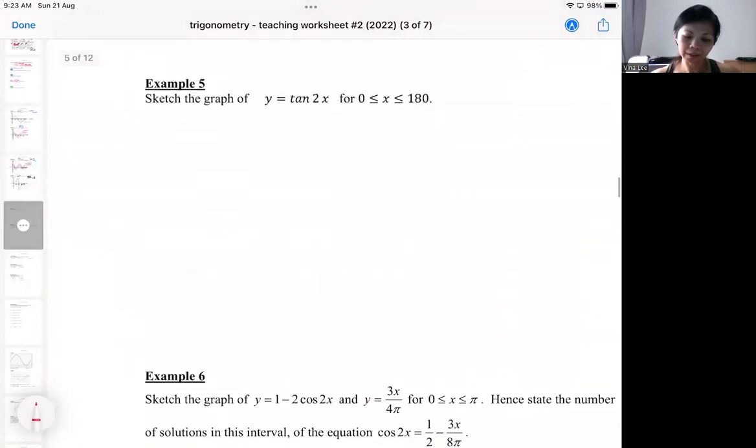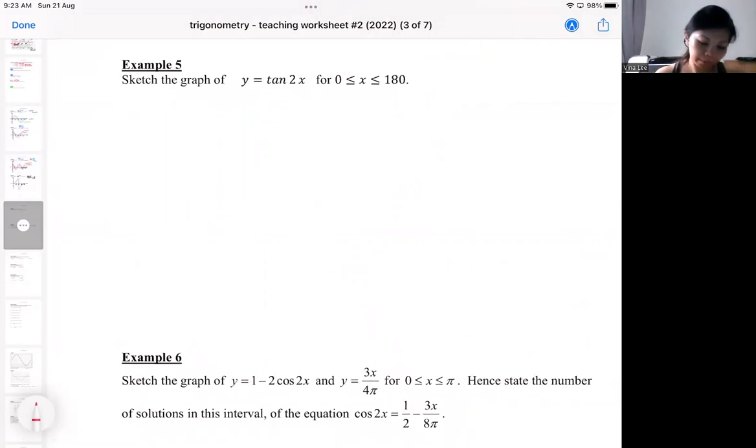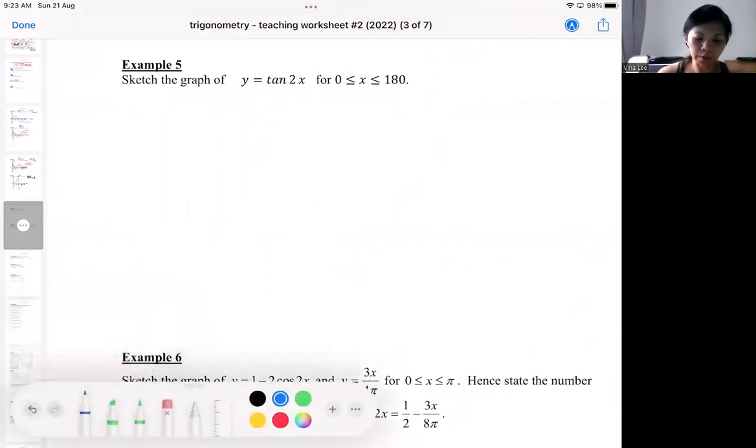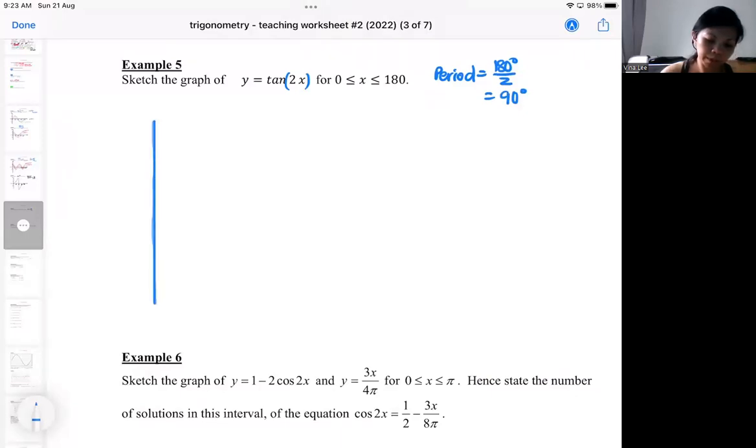Okay, so if we extend it a little bit more, tangent 2x. So tangent 2x starts to change the period already. So the period becomes 90 degrees.